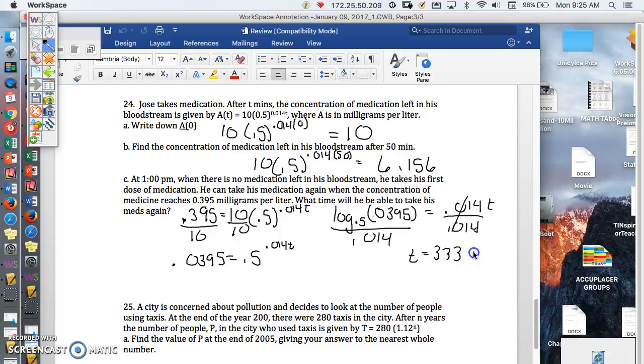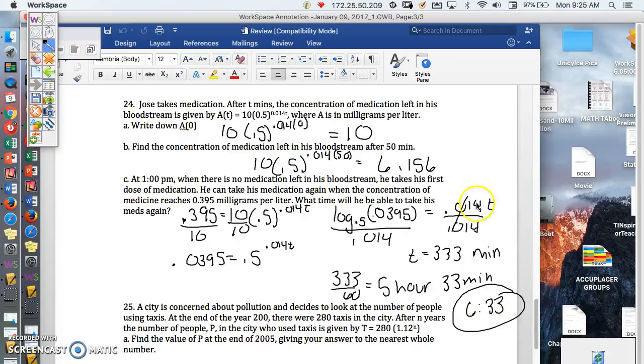So that would be minutes, but we have to answer this question. So at what time? Well, if we divide this by 60 minutes, we end up with 5 hours and 33 minutes. So if we look at the time, that would be 6:33. He can take his medicine.